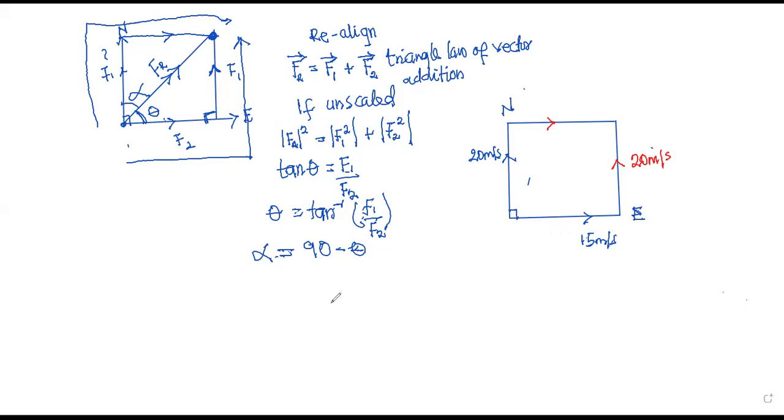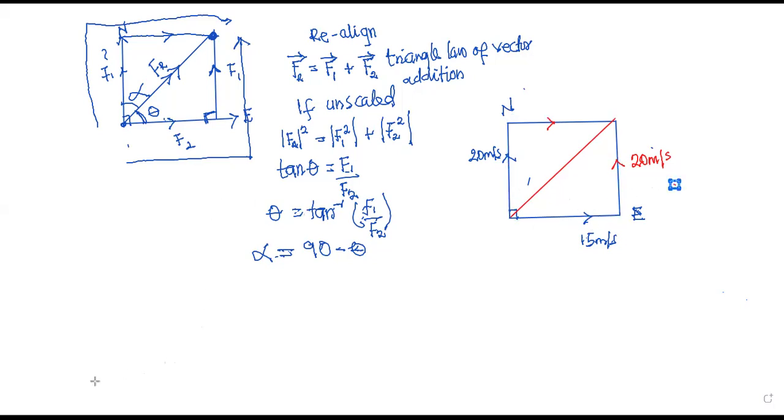Yes, sir. So after realigning their direction, then I can say that the shortest possible distance, which will represent this and this, must be a vector drawn from the tail of this to the head of the 20 meter per second one. And you see, I've been able to do this as a result of realigning their directions.